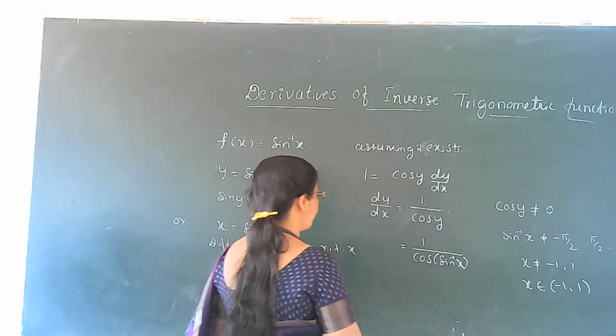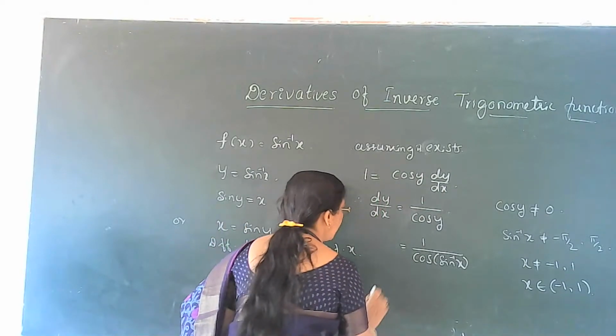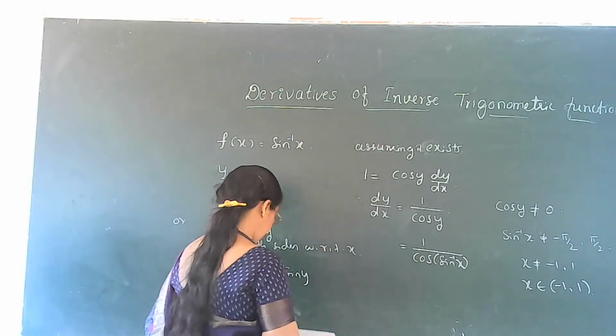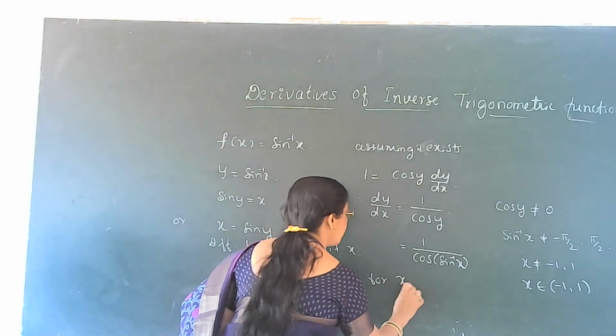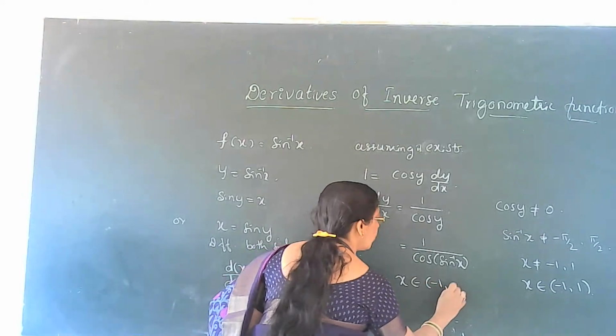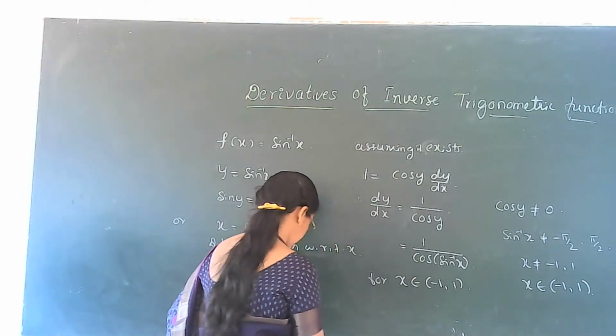Therefore, x belongs to the open interval minus 1 to plus 1. Minus 1 and plus 1 are not included here. Then only dy by dx is defined, for x belonging to minus 1 to plus 1.